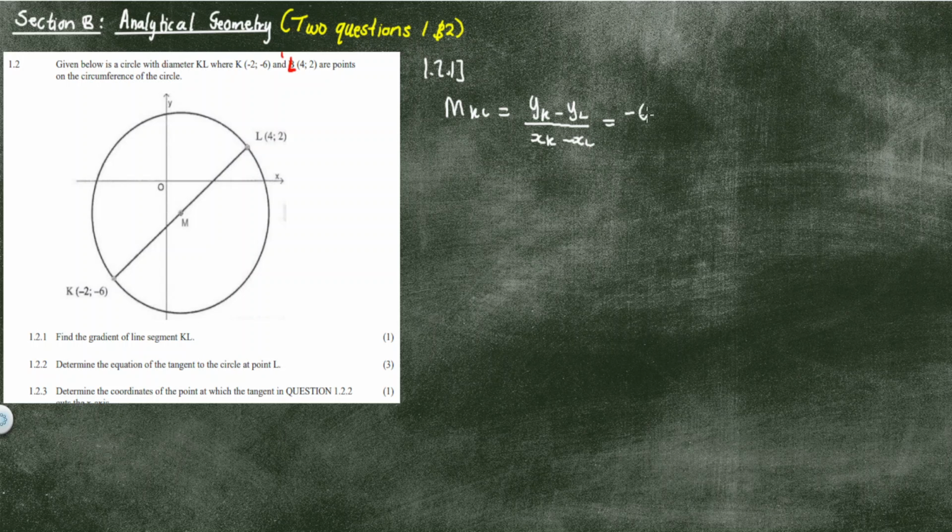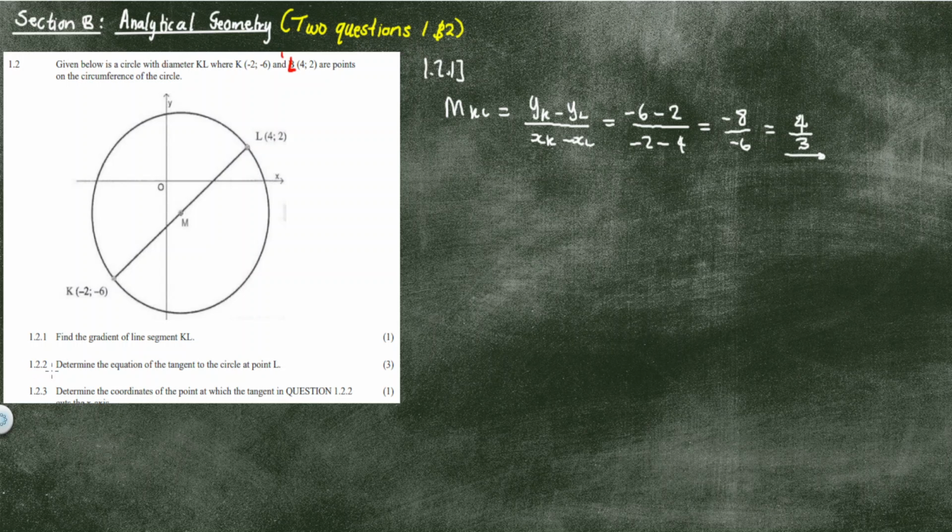YK is minus 6, minus YL which is 2, over XK which is minus 2, minus XL which is 4. So we simplify: minus 6 minus 2, that's minus 8, over minus 6. So the answer is 8 over 6, it's 4 over 3. This is the gradient of line segment KL.